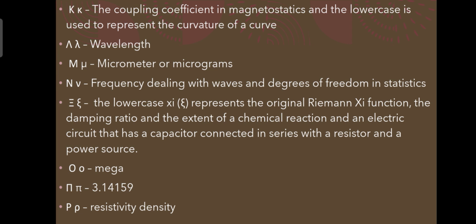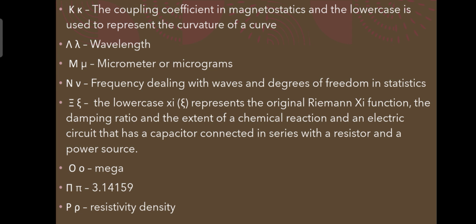Nu, frequency dealing with waves, and degrees of freedom in statistics. Xi, the lowercase xi represents the original Riemann xi function, the damping ratio, and the extent of a chemical reaction in an electric circuit that has a capacitor connected in series with a resistor and a power source.